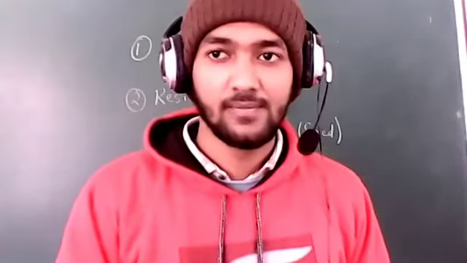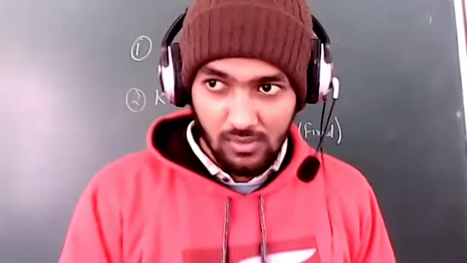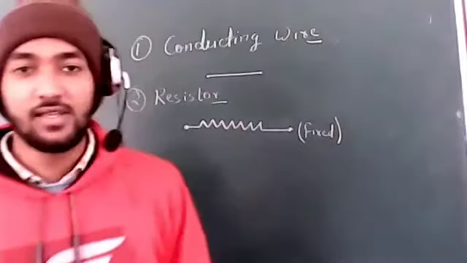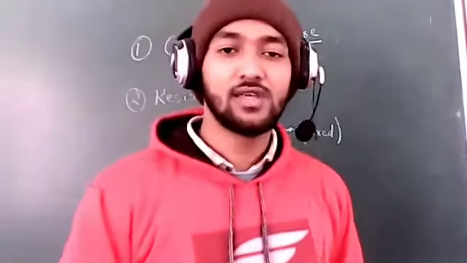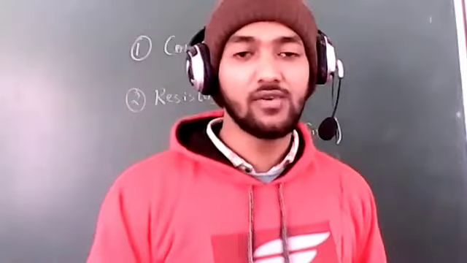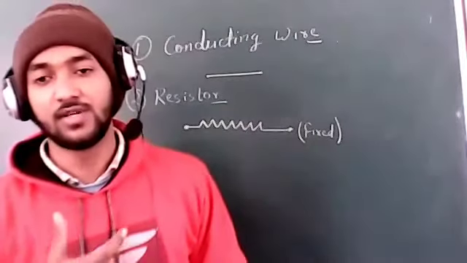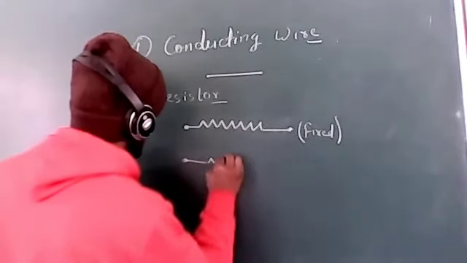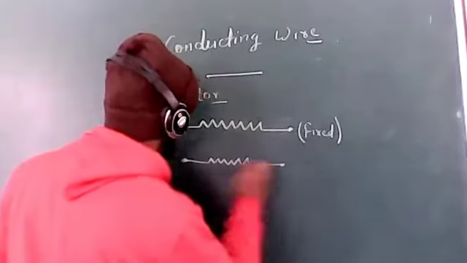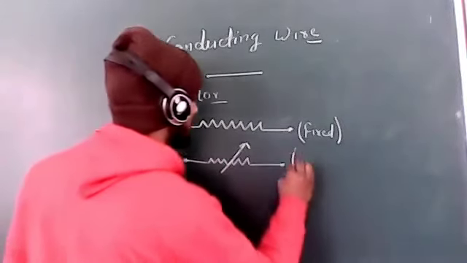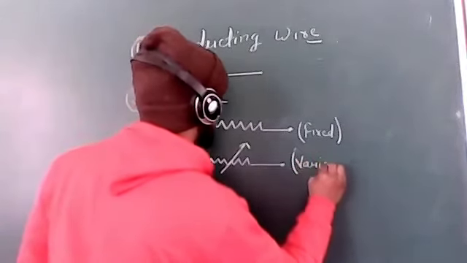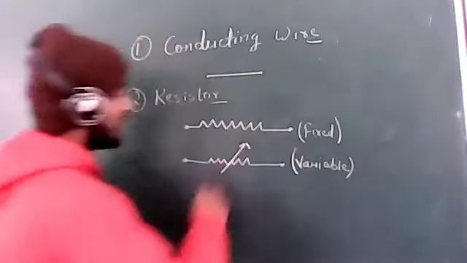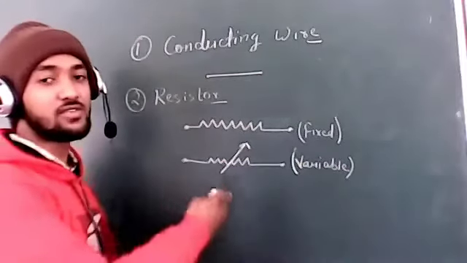Okay, Sadhgi, your answer? There will be an arrow mark. Okay, arrow mark, that is correct. We have discussed this in the topic Oersted experiment: whenever we decrease the resistance, there is a variable resistance present in the circuit. So this is for variable resistance. Variable means we can change the value of the resistance.